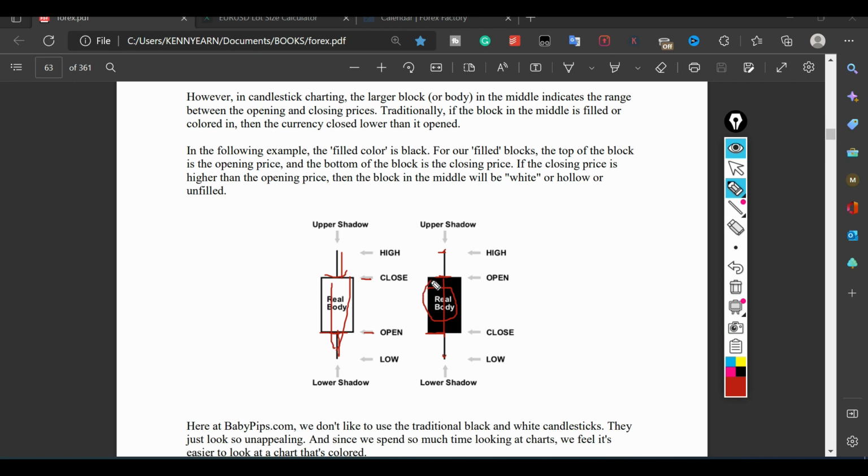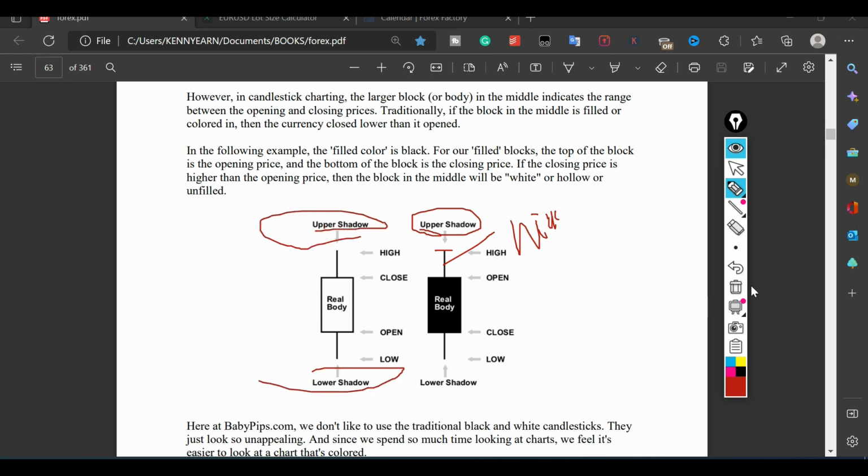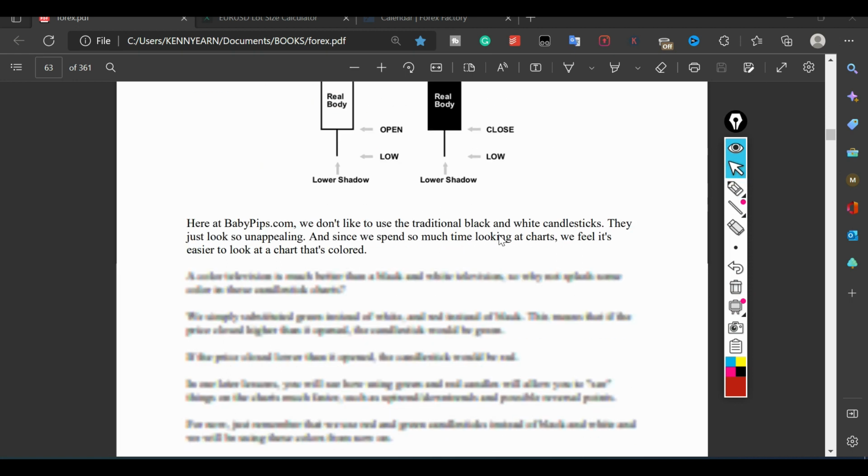Most of the time, the size of the candlestick tells you the strength of the market participants. Here they're saying upper shadow. It's kind of like the wicks. Every candlestick has wicks, so you can call it upper shadow or wicks. So that's how we come about that.